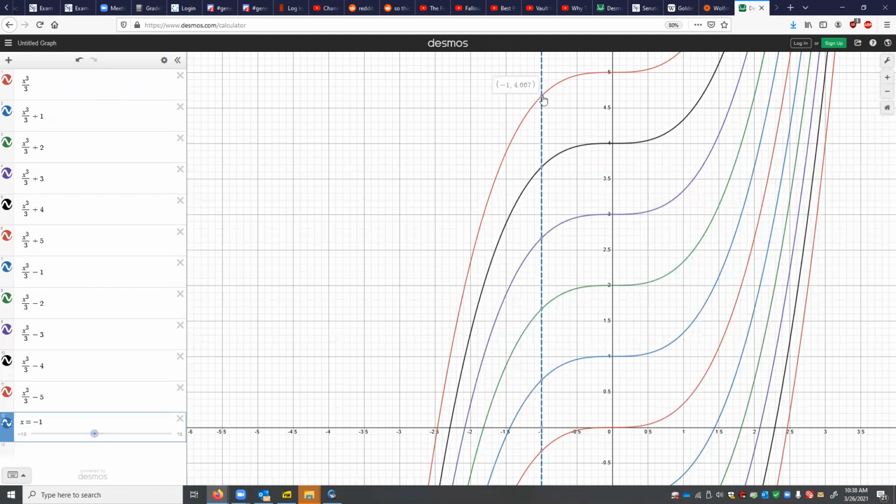If I look right here, or right here, or right here, all of these functions have the same slope at x equals -1. They all have the same slope at x equals 0. They all have the same slope at any particular x value.